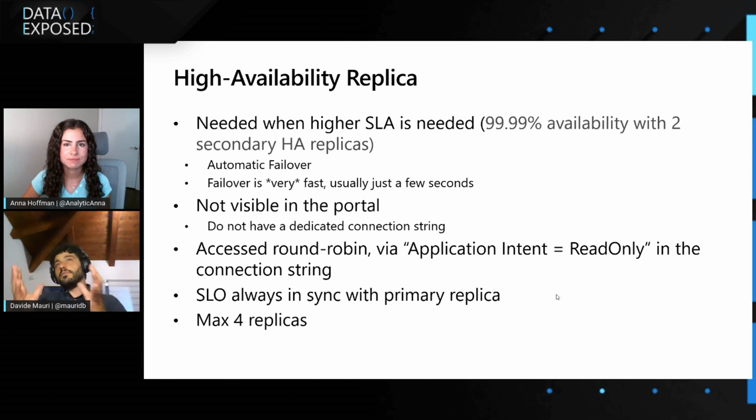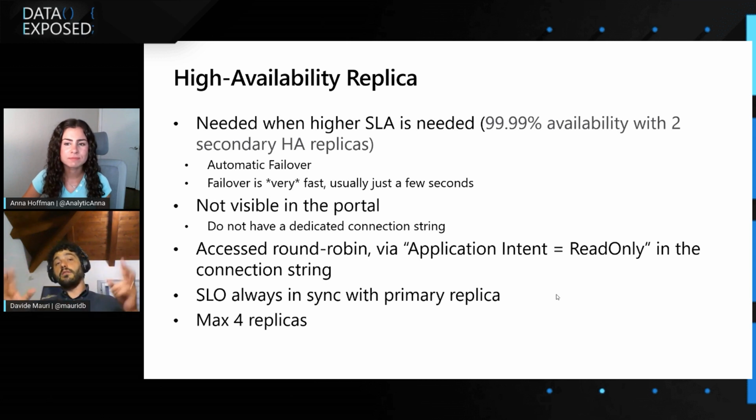So again, their main purpose is high availability. They can also be used for something else, but high availability is really what they are good at. For that reason, their service level objective is always in sync with the primary. So if your primary has 4 cores, all the replicas also have 4 cores.